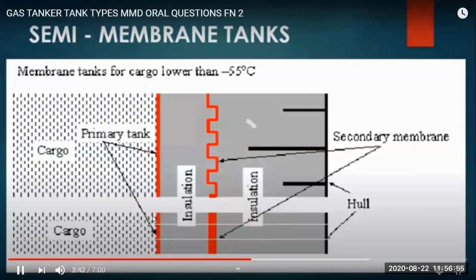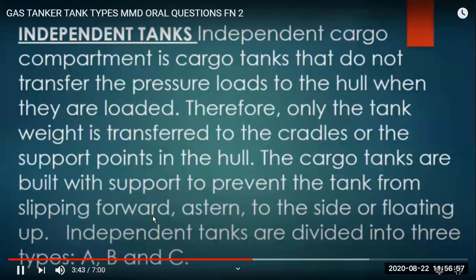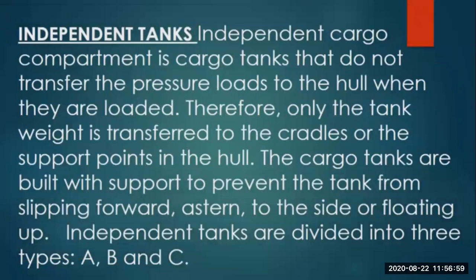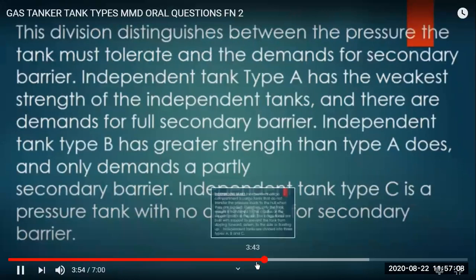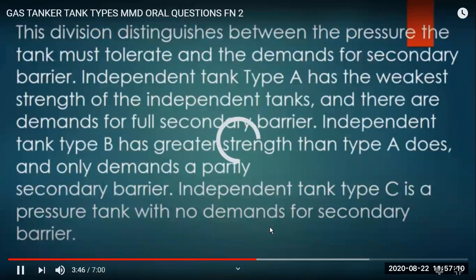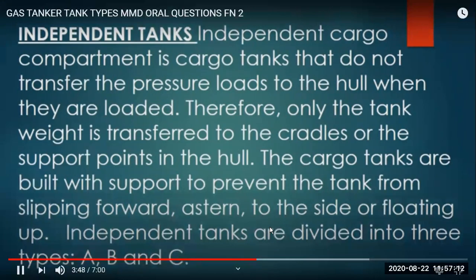Then we have independent tanks. Independent tanks are separated, with no connection to the hull, so stresses are contained within, and it's like a cradle, you can say. Initially it's like an empty hold of a bulk carrier, an empty box, and the tank is put into that on wooden blocks or chocks, like when a ship is going into the dry dock.